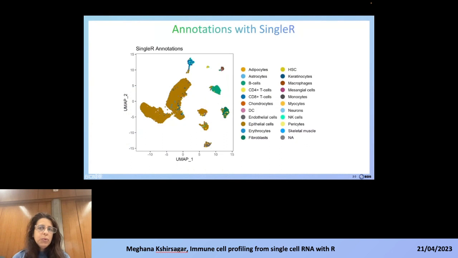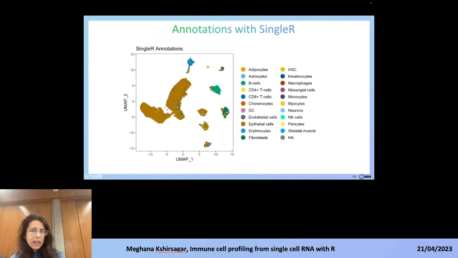Annotation is basically, as we said, that we had obtained clusters of cells after batch correction, and now we want to give labels to each of those clusters. So annotations help us give the labels.